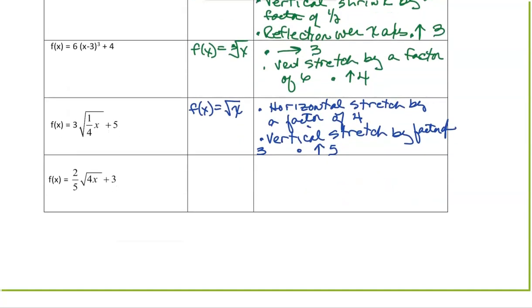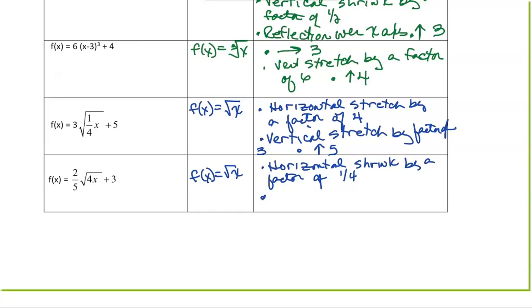Okay, one more. This is also f of x equals radical x. And inside, I'm going to have a horizontal shrink by a factor of 1/4, because there's always 1 over the number.